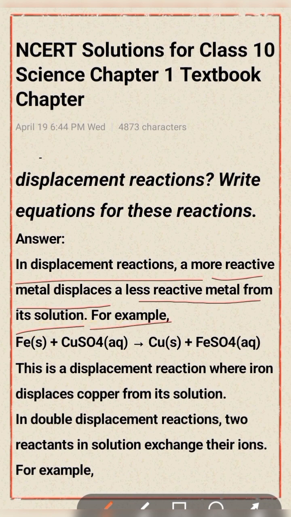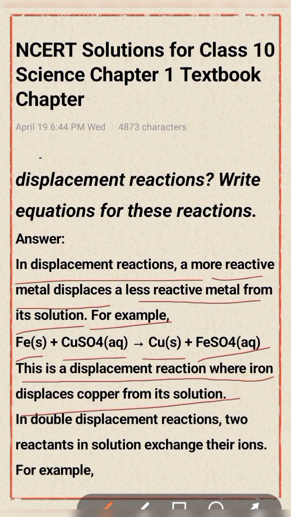For example, iron Fe solid plus copper sulfate CuSO4 aqueous forms copper Cu solid and FeSO4 aqueous. This is a displacement reaction where iron displaces copper from its solution.